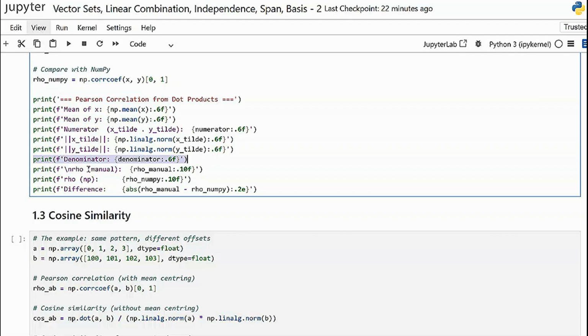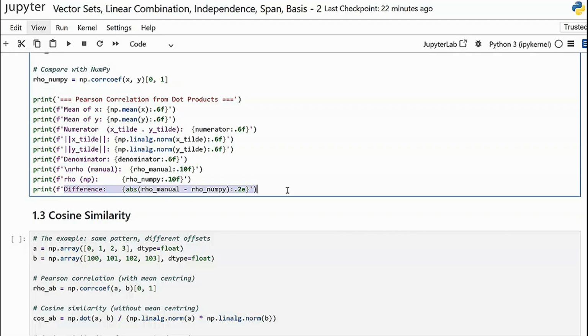Next, this prints the manually computed Pearson correlation with high precision. And this one is the NumPy-computed correlation for comparison. Finally, we compute and display the difference between the two results.